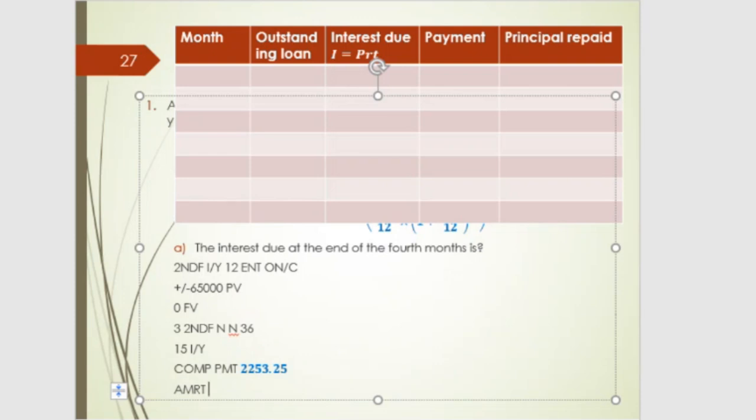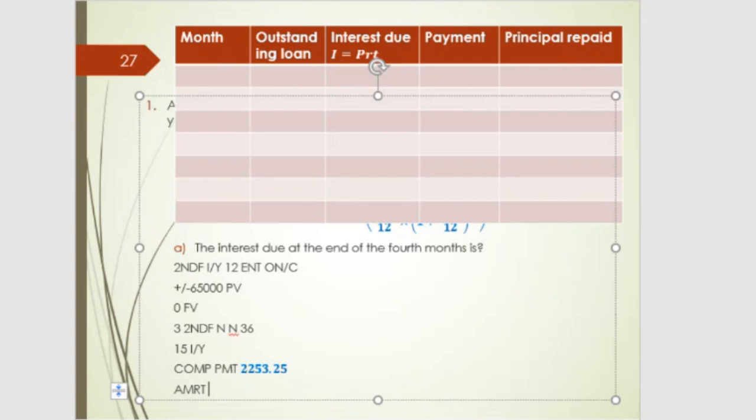It's going to give you P1. You press 4, then you press the down arrow again. You press the amortization function, it gives you P1, then you insert 4, press the down again, it gives you P2, then you press 4 again, and then it gives you the balance, the principal, the interest.